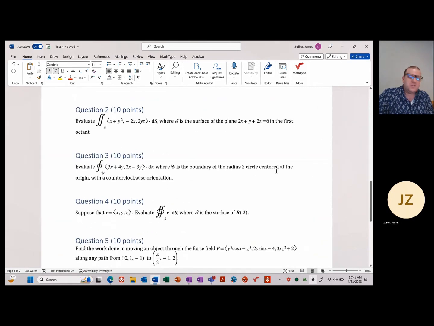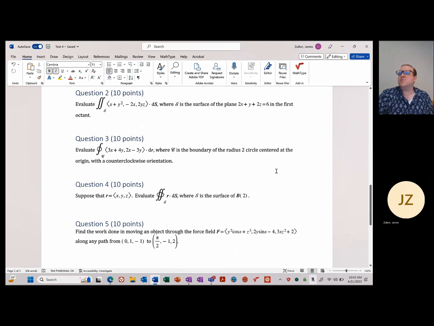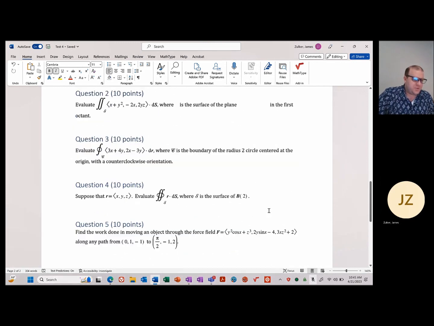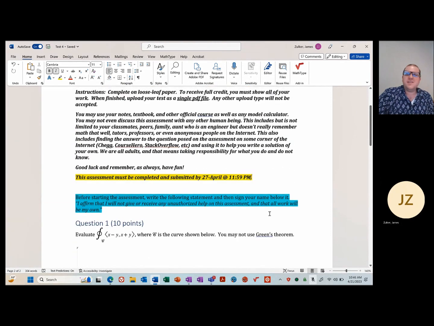I don't think there's a Stokes problem on here. Again, because I hate Stokes theorem and I don't want to write a solution for it. So you should be able to easily get through these. Tuesday, I will just continue to work on Stokes and divergence theorem problems. I'll probably just switch back and forth between the problem sets.